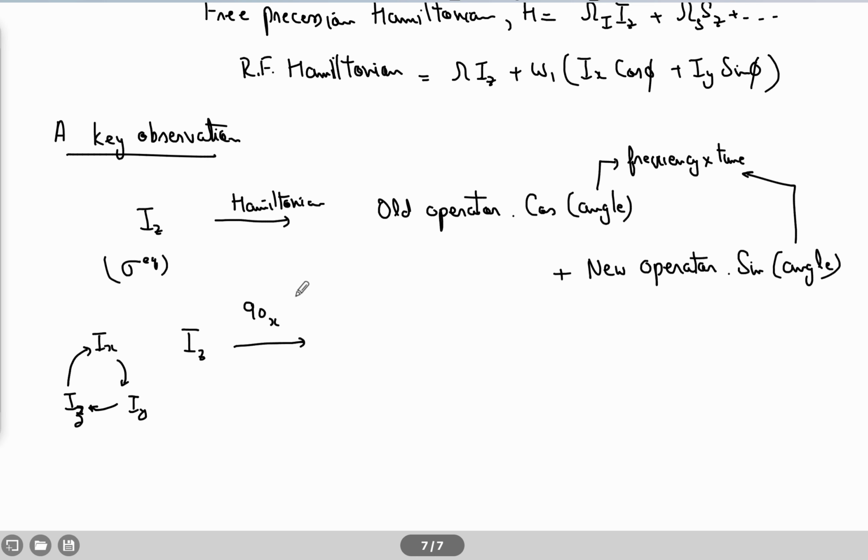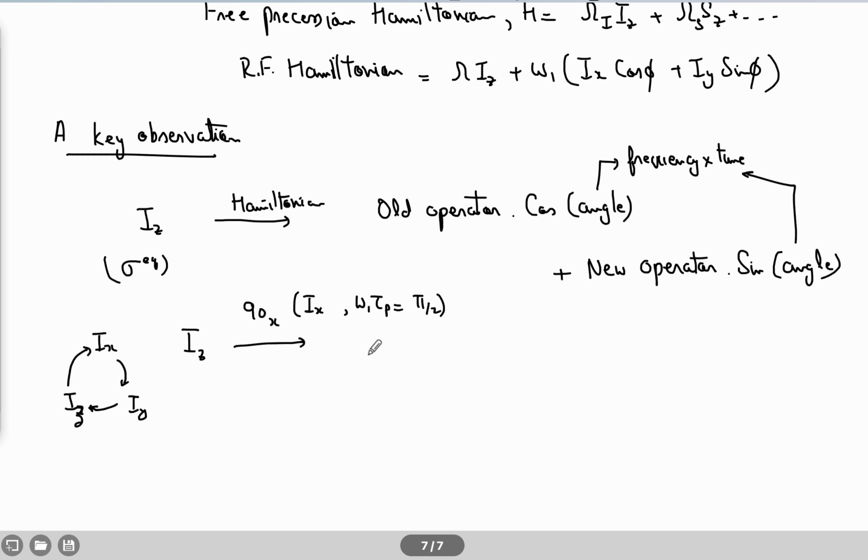That means your Hamiltonian here is Ix, and your angle, omega 1 tau p, is equal to pi by 2. So now Ix is being applied on Iz. That means your new operator will be minus Iy here, right?